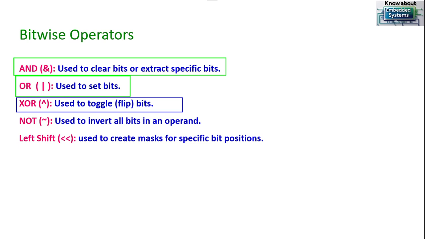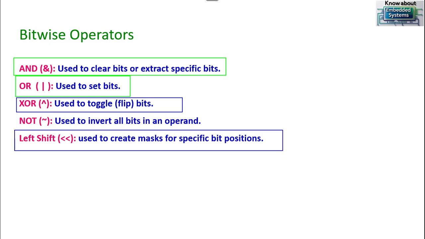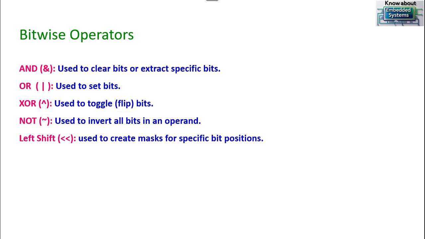If you want to invert, you'll be using the NOT operator. And if you want to create a mask, I'll be using the left shift operator. In this programming exercise, I'll be using all 5 bitwise operators. How to use them, I'll tell you directly in the programming exercise.